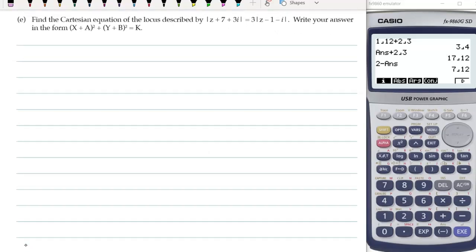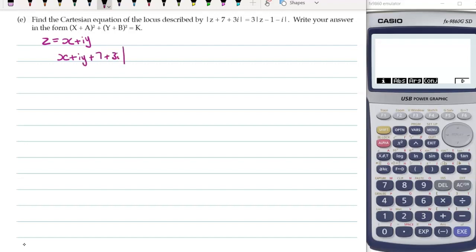Okay, we need the Cartesian equation of this locus. And we always start these sorts of ones by saying that z is equal to x + iy, and then we can sub in. So on the left, we've got x + iy + 7 + 3i. And then 3 times the modulus of x + iy − 1 − i.